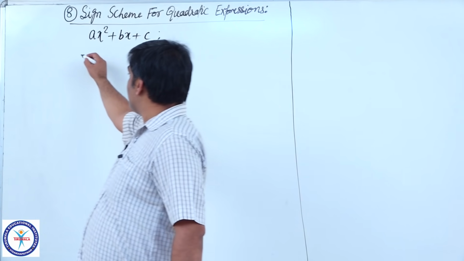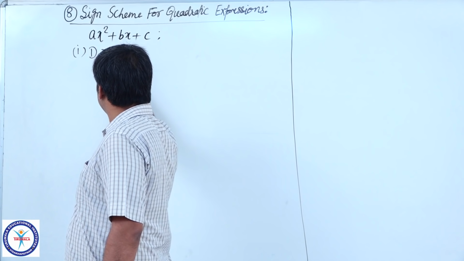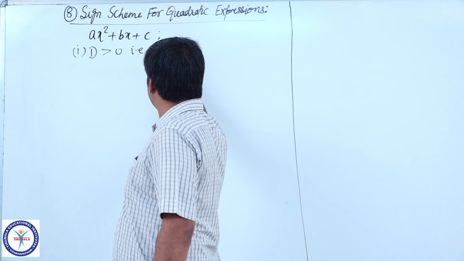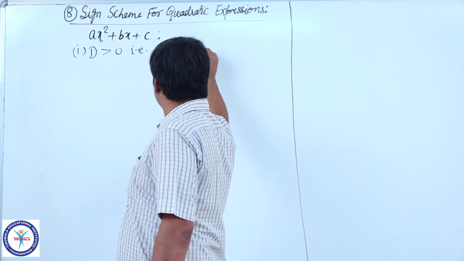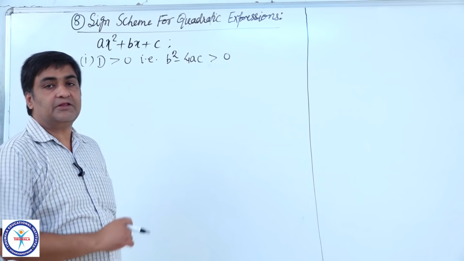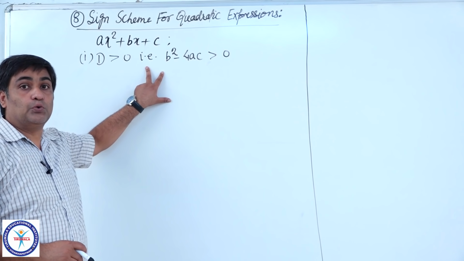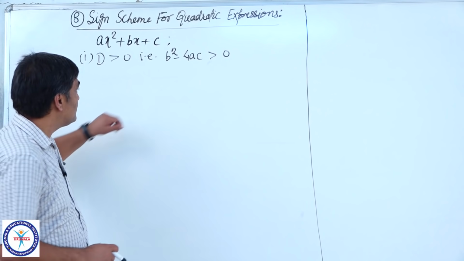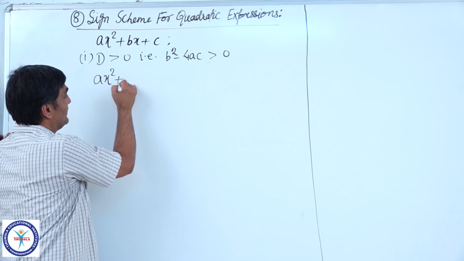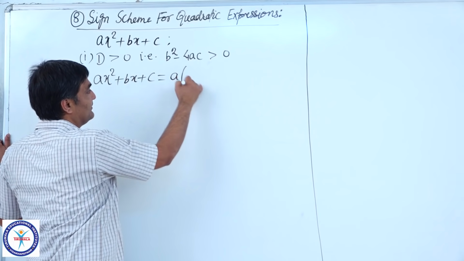First case, we are dealing with D greater than 0. That is b square minus 4ac greater than 0. In this case, there will be two distinct real roots. Now consider this expression ax square plus bx plus c.